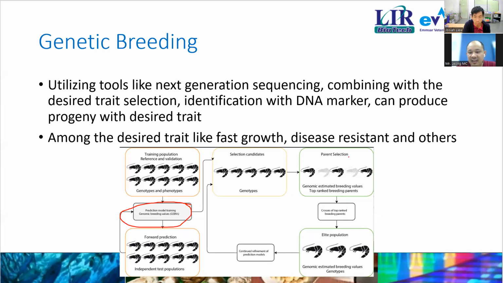Then after that, they do parent selection to start the breeding. Then they cross with the top-ranked breeding parents to come up with the elite population, meaning they have the desired trait inside. Then continuing from there to get a stable generation.